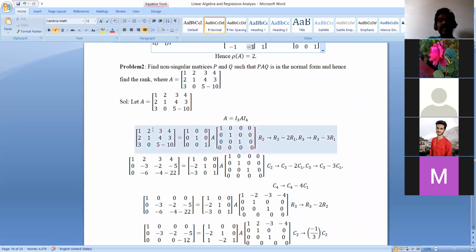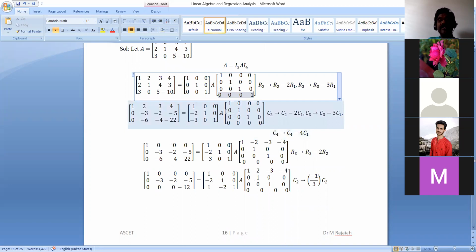So we have to write that as [1, 2, 3, 4; 2, 1, 4, 3; 3, 0, 5, minus 10] equal to [1, 0, 0; 0, 1, 0; 0, 0, 1] into A into the 4 by 4 identity matrix, that is [1, 0, 0, 0; 0, 1, 0, 0; 0, 0, 1, 0; 0, 0, 0, 1].